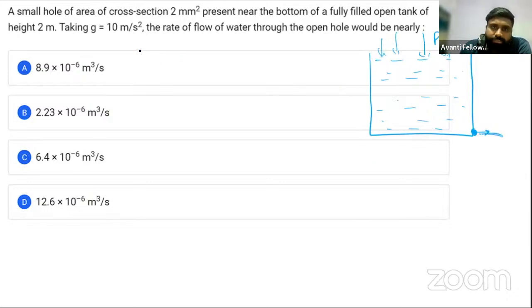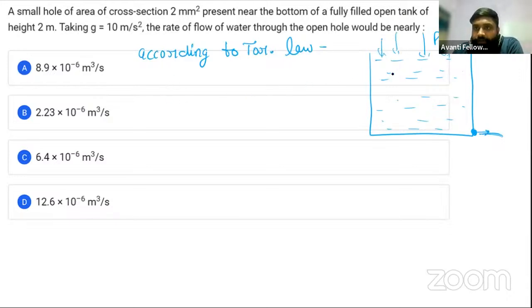So according to Torricelli's law, what has been said is that if the tank is open, the velocity of outflow or efflux is given by root 2 g h, where h is the height above the hole that we have made, or you can say h is the depth at which the hole or orifice is present.